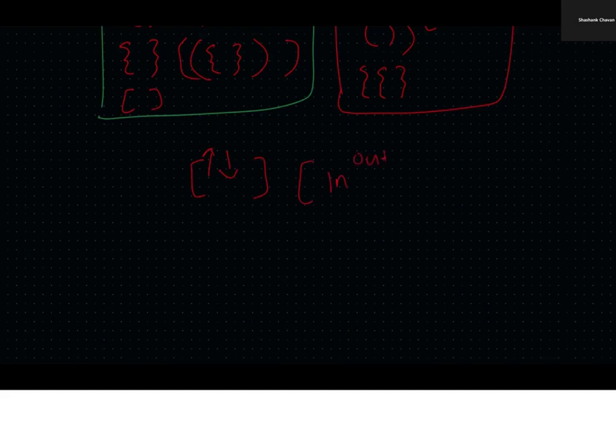So now here, suppose we have a string like this one. We'll take a simple example first. So now we have this string, right? What we can do is start pushing that string inside this array.